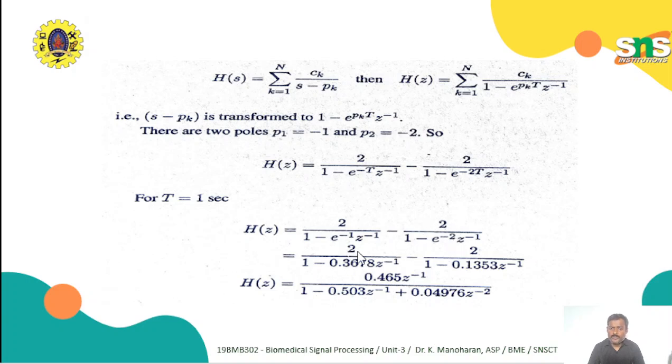You get 2 divided by 1 minus 0.3678 z power minus 1, minus 2 divided by 1 minus 0.1357 z power minus 1. Now cross multiplying these two, we get H(z) equal to 0.465 z power minus 1 divided by 1 minus 0.503 z power minus 1 plus 0.04976 z power minus 2.